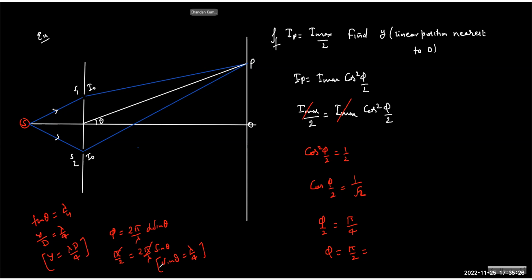Something we have missed. That's why I'm saying this is dimensionally incorrect. So this will happen at 1/4 of the fringe width, right? This is like beta by 4, isn't it? That's logical, actually.